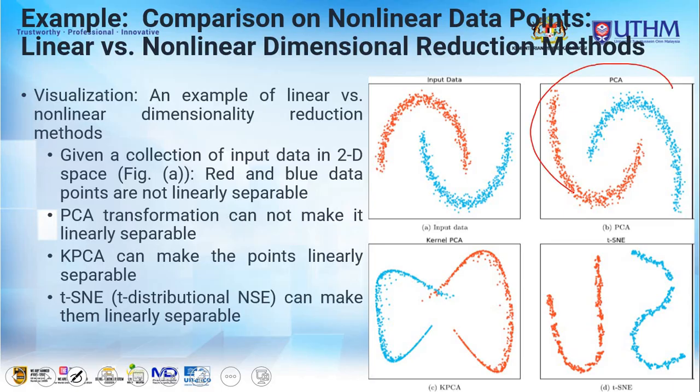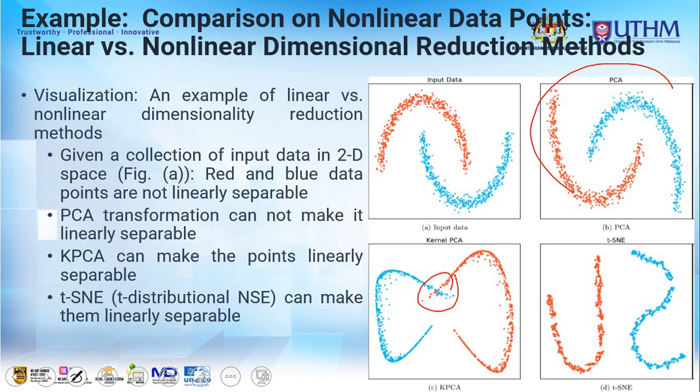When it comes to KPCA, it successfully separates the red and blue points. Can you see there is a separation? Only a slight part is added here. It uses the kernel function to map the data into a higher dimensional space where it becomes linearly separable after transformation, so the classes can be easily distinguished.